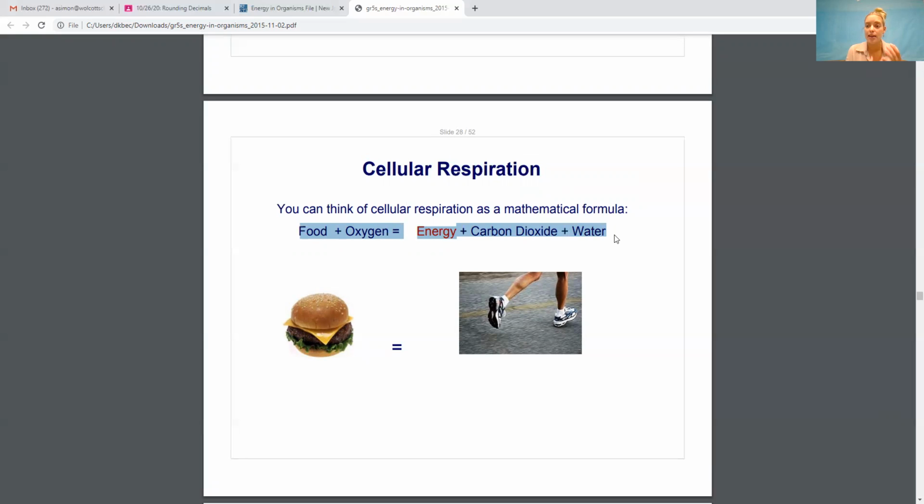So you take in the food and the oxygen, okay? And out of the food and the oxygen that you take in, you get energy, which you want, and then carbon dioxide and water are just byproducts. They're extra things that you get out of it, but they're still important in the equation. So cellular respiration is food plus oxygen equals energy plus carbon dioxide plus water.